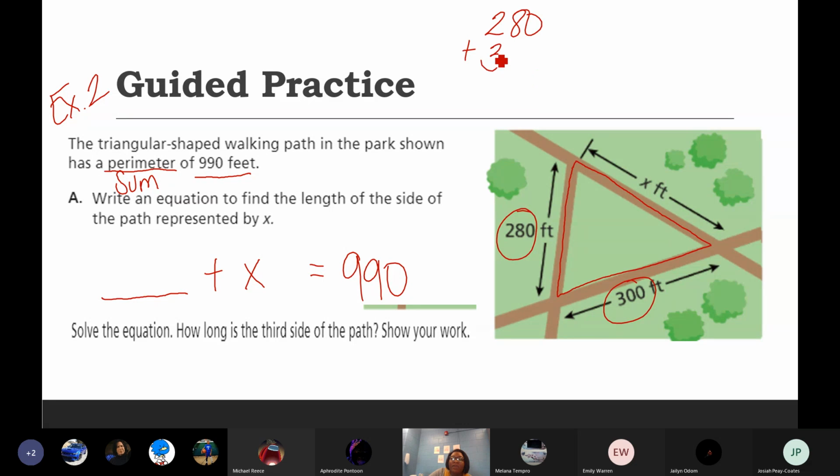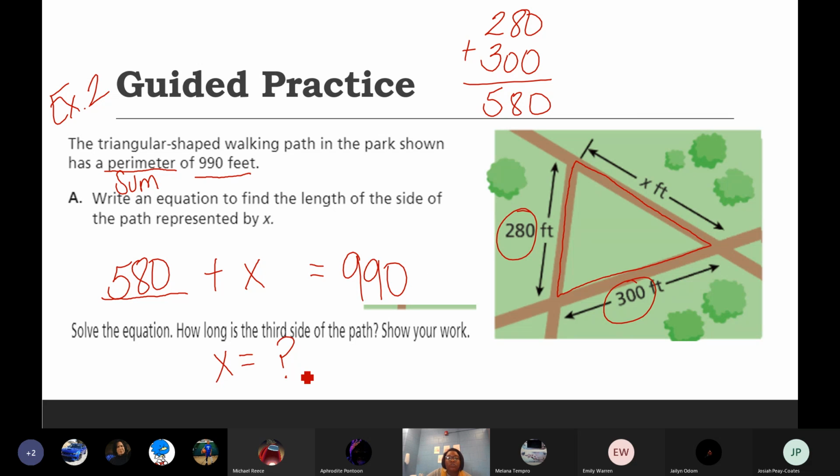And when I add the length of both of those sides of that walking trail together, 580. So this is my equation. 580 plus X equals 990. Please, I'm not going to hold your hand now. You got it. Now, don't tell me the answer out loud because I want everyone to have time to work.